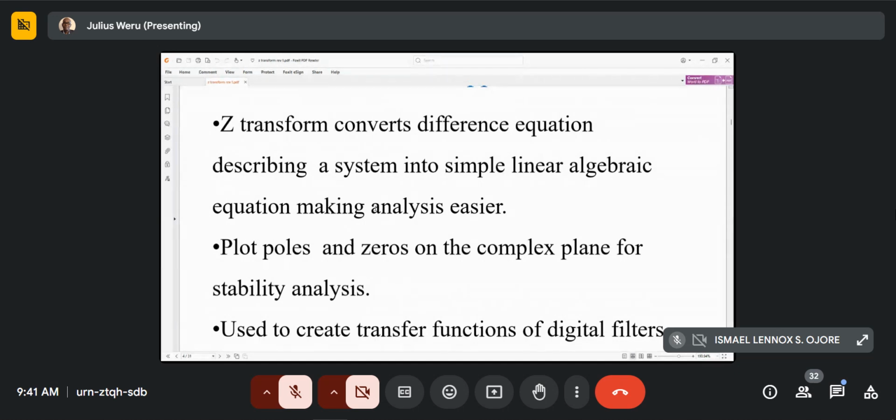And we are going to see how the Z transform works with difference equations.